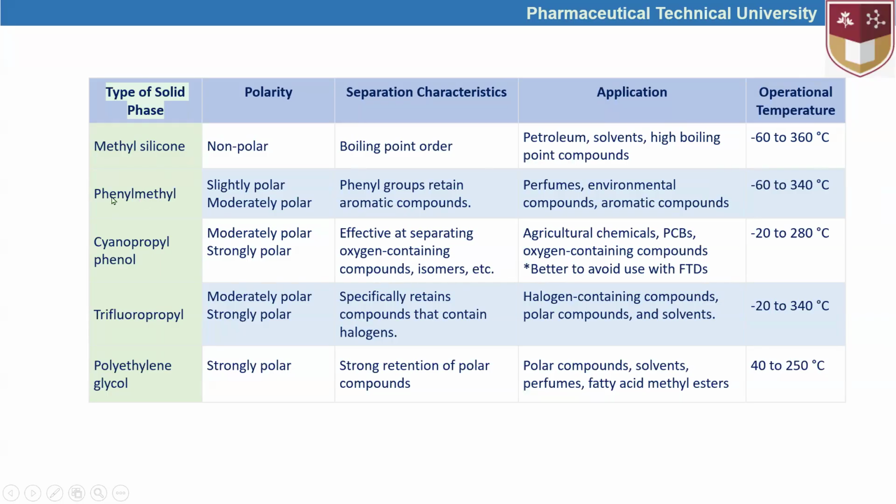The one provided with phenyl methyl has higher polarity compared to methyl silicon. This material is slightly polar to moderately polar, and the phenyl groups in it retain aromatic compounds. So phenyl methyl provides some affinity to aromatic compounds, and the application for this kind of material is in separation of perfumes, environmental compounds, and aromatic compounds.